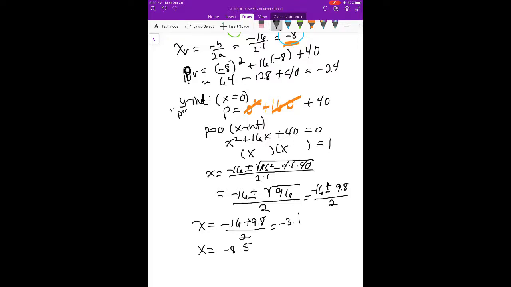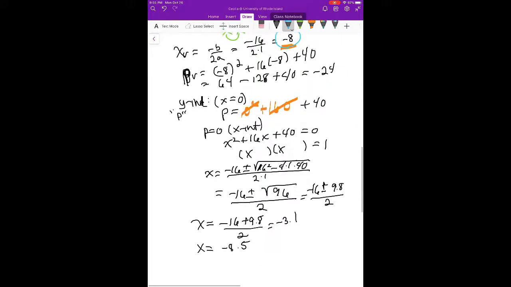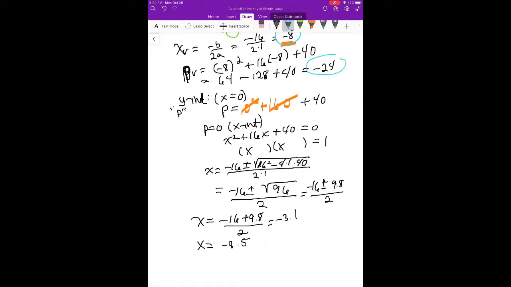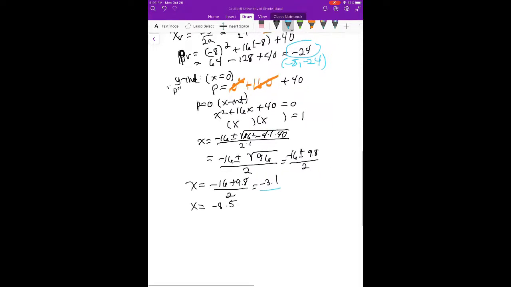Okay. So we now have enough information that we can graph this because we have the vertex at minus 8 and minus 24, so that's the ordered pair minus 8, minus 24. We have the intercept at minus 3.1 and minus 8.5.